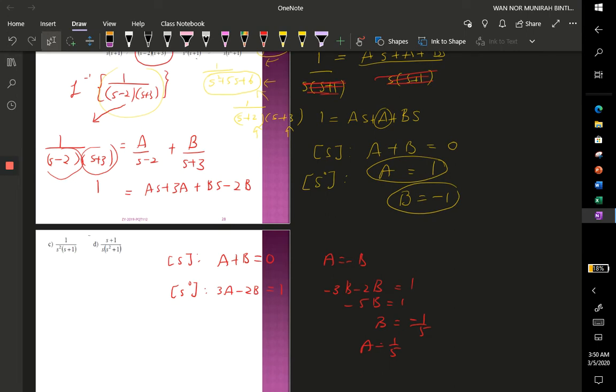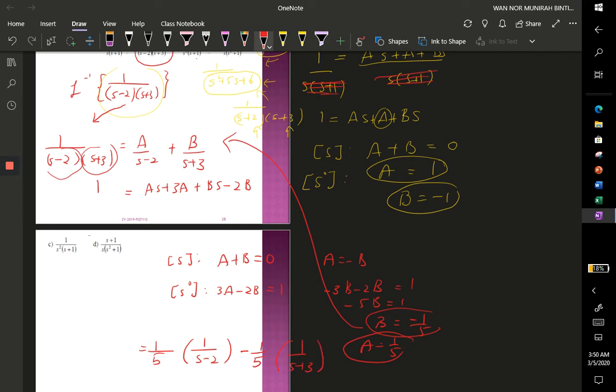When I obtain A and B, I substitute back into my partial fraction. So A is 1 over 5, times 1 over S minus 2, plus B, which is negative 1 over 5, times 1 over S plus 3.